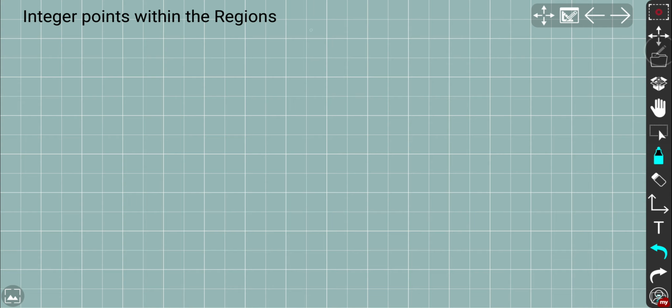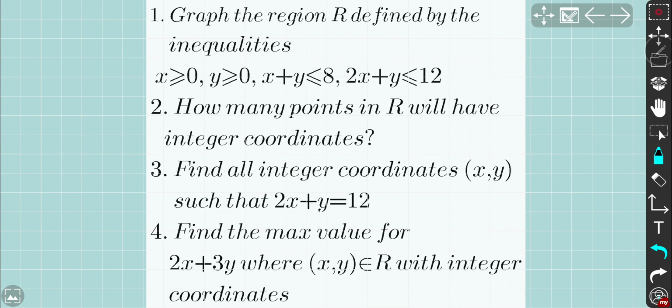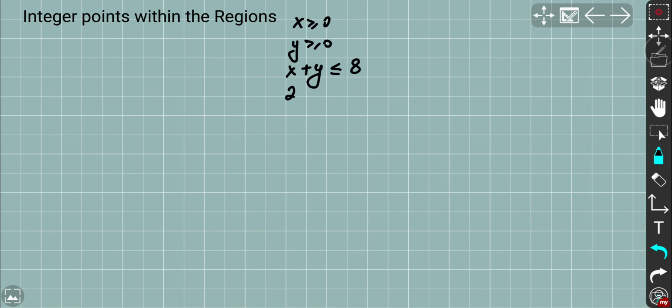We set up x more or equal than 0, y more or equal than 0, x plus y less or equal than 8, and 2x plus y less or equal than 12. Okay, so we've got a set of inequalities, and we're going to draw the region on the Cartesian plane.